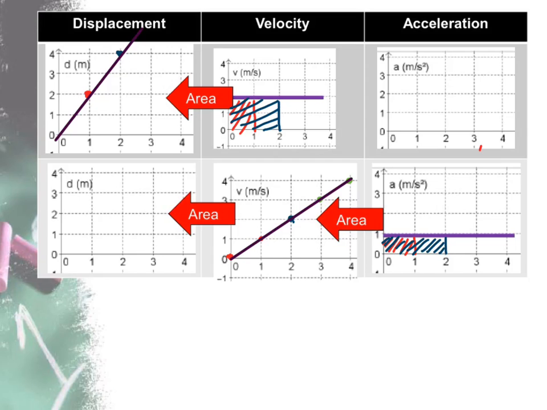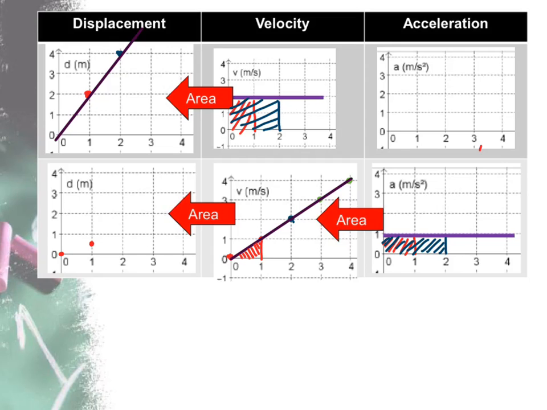Well, let's say I have this and want to find the displacement graph. I can do the same thing. I'm going to find the area under the graph from 0 to 1 seconds. This time I have a triangle, so I have 1/2 base times height. So 1/2 times 1 is 0.5. After 1 second, I've changed my displacement by plus 0.5.